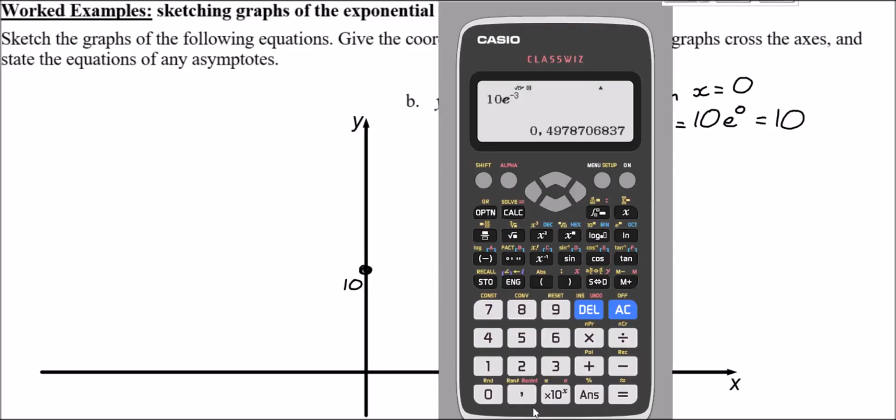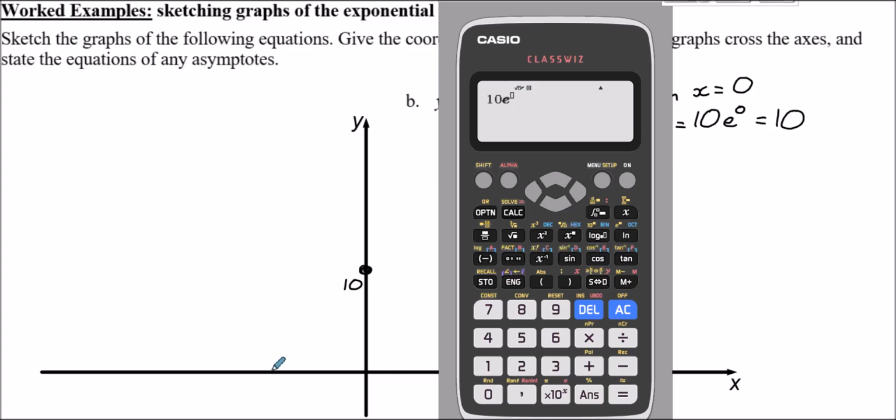So what's going to happen here is x gets bigger, the graph will get lower and lower, will approach 0, until eventually when x is 100, it's really, really low. Whereas if x is a negative number, because it's e to the minus x, what we'd have is e to the positive number.